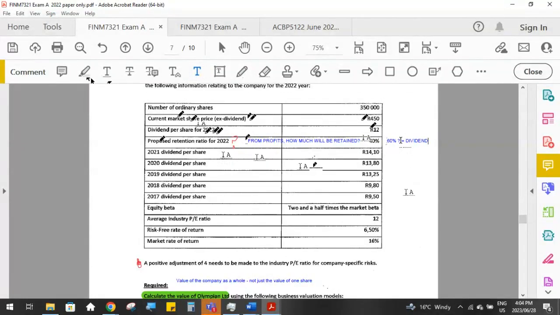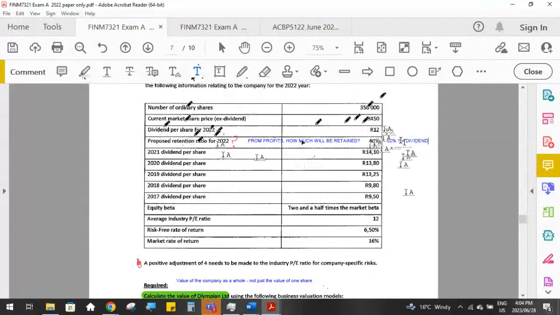Okay, this is important that you can make these associations. Remember always, wherever you've got one or two figures, you can always calculate the second or third missing number. So if they've told you that retention or retained earnings is 40%, you know that the dividend payout is 60%. If they tell you that the payout is 60%, you know that retained earnings is 40%. So they have given us the dividend per share, 12 Rand.